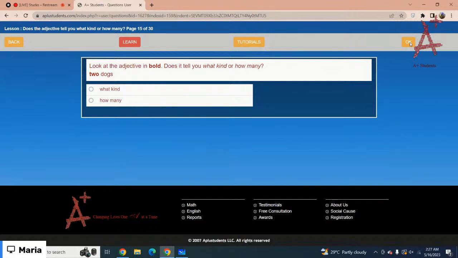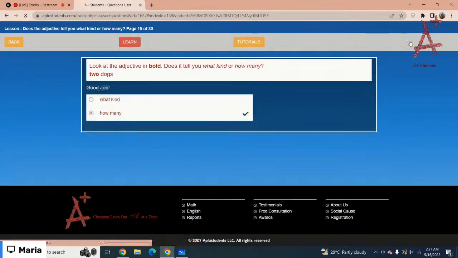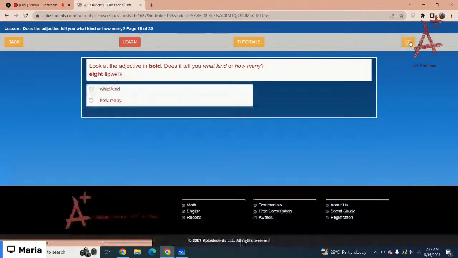Okay, two dogs. So which is the correct option? Two is a number, so it would be how many? Okay, eight flowers. So which is the correct option? It would be, yes, it is how many.